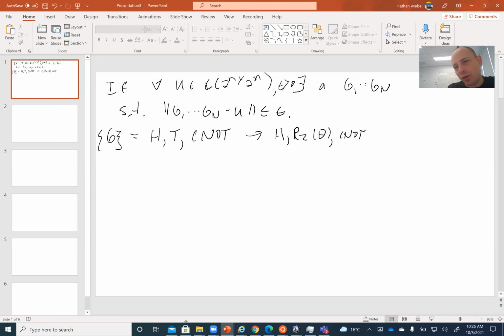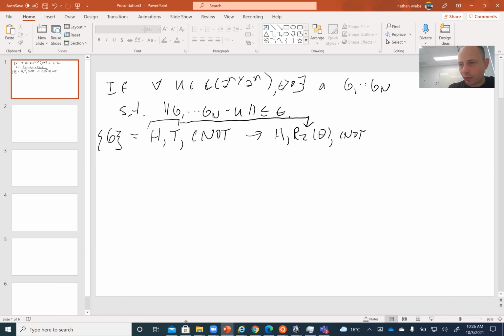We can do that because the rotation gate RZ has a lot more properties than the T gate has. So it'll be easier for us to reason about algorithms through the RZ gate, but recognize that H and T can be used to construct or closely approximate an RZ gate using the arguments that we gave for single qubit universality. Okay, so those are our fundamental operations.